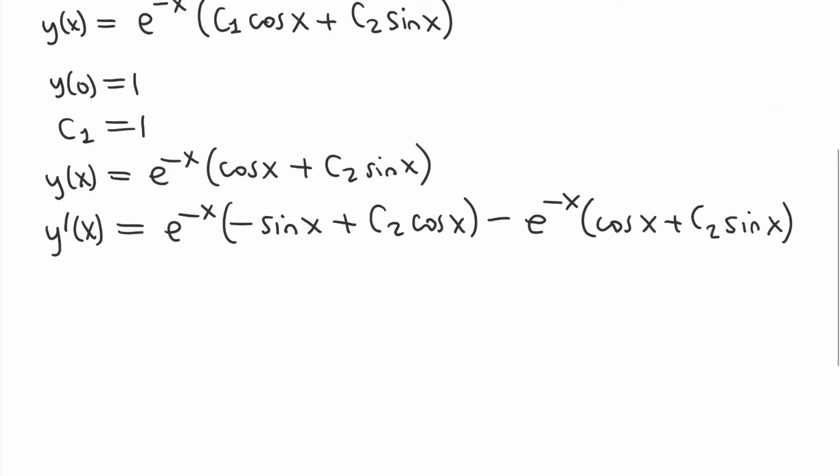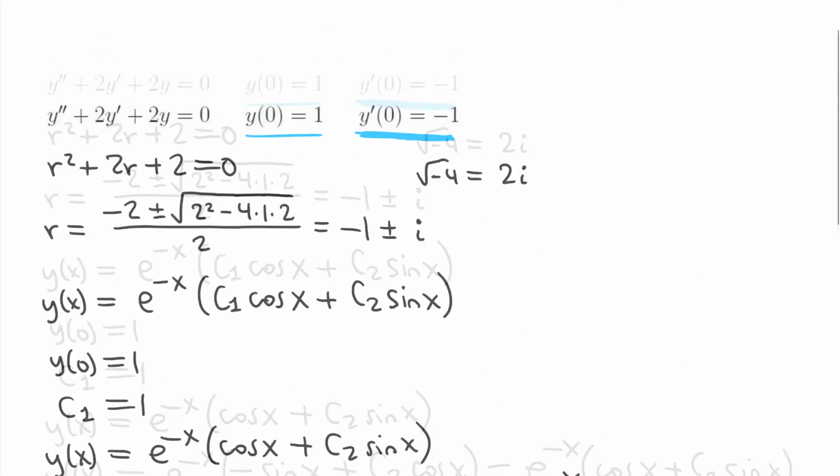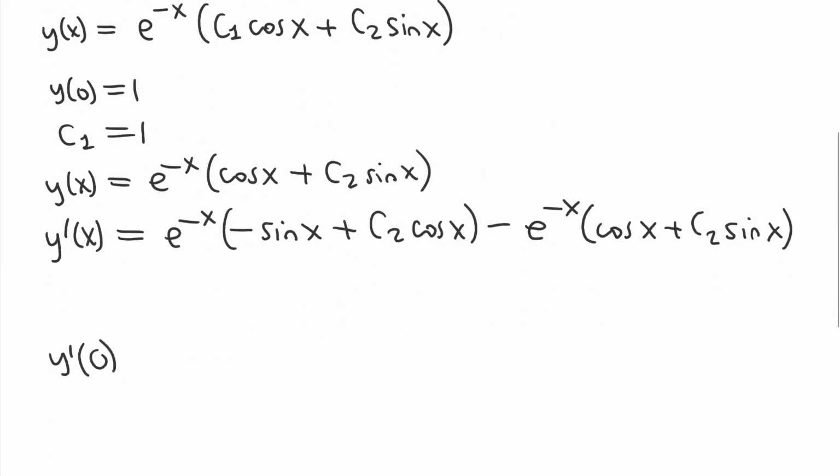Okay, so now I could plug in y prime of 0, well, what's our initial condition? y prime of 0 is negative 1 right away. I could plug that in right into this equation right here, but I'll do a little bit of simplifying to start. It's an optional step, whichever one is simpler. But notice both terms have an e to the negative x in them. And then the first term I'm going to get a negative sine x plus c2 cosine x.